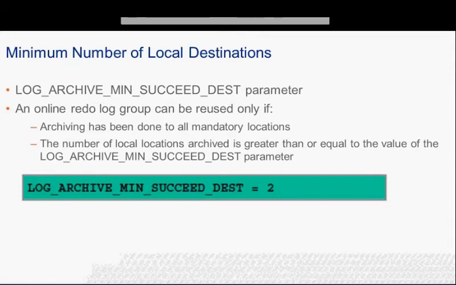The value specifies a lower bound on the number of local destinations that need to be archived. If this number is less than the number of mandatory local destinations, it has no effect on the archiving behavior. If this number exceeds the number of mandatory local destinations, the number of local destinations archived must be at least equal to this value before an online redo log file can be reused.